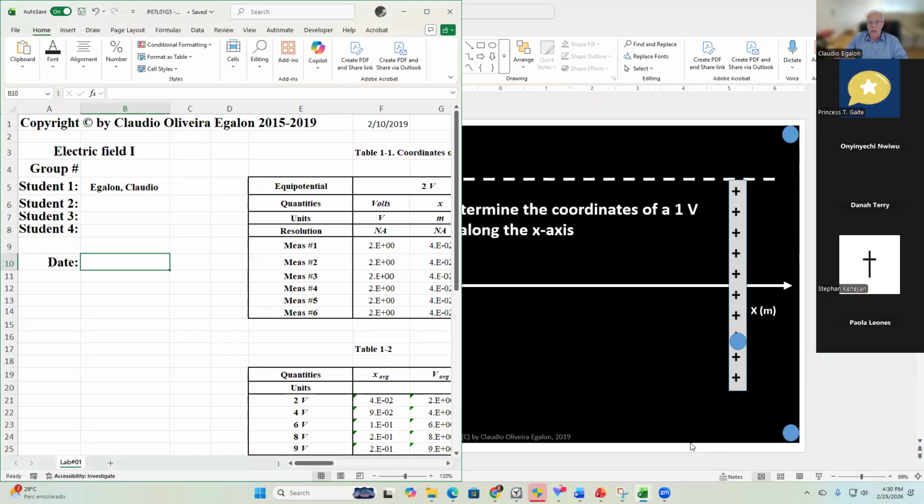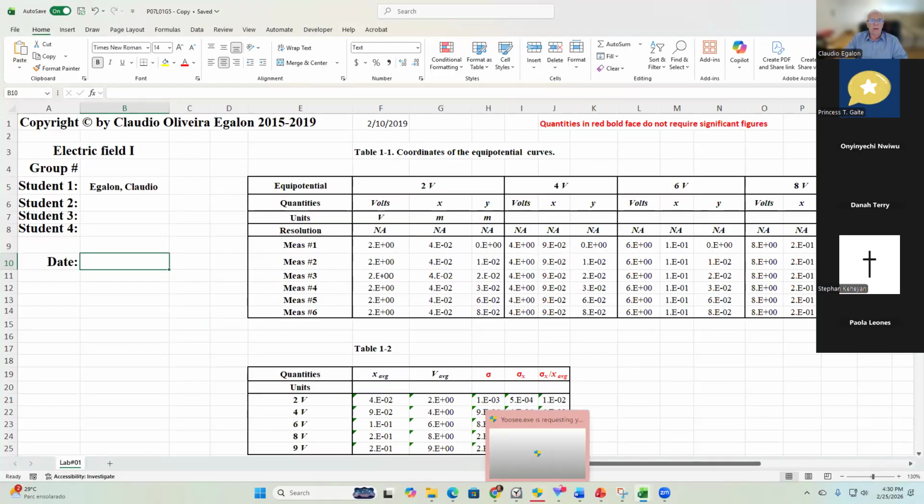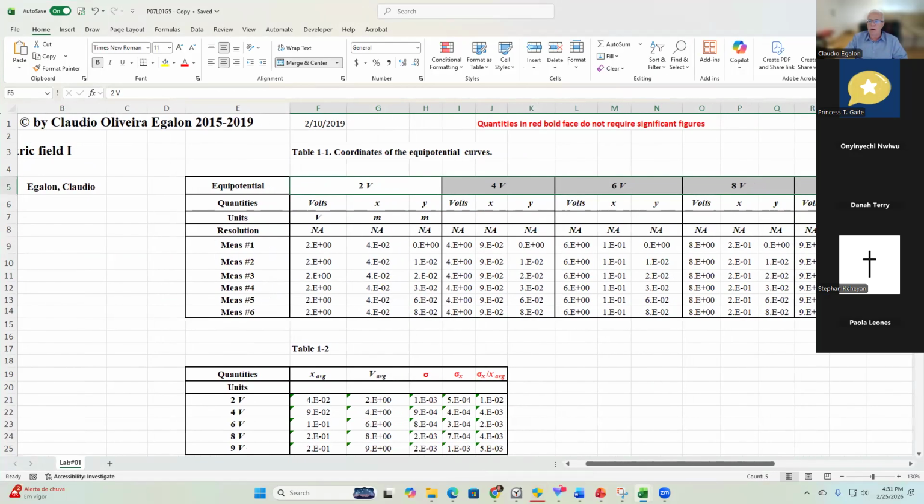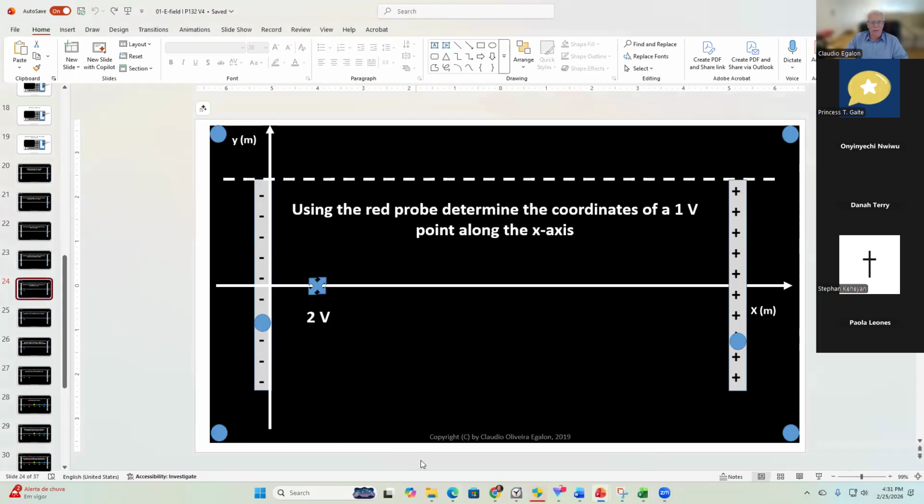Remember the spreadsheet? Here's the spreadsheet. Do you see? I have 2 volts here, 4 volts here, 6 volts here, 8 volts here, 9 volts here. What we are going to do is locate 6 points that measure approximately 2 volts in the sheet, not in the conductive paper, in the resistive paper. I like to call it the resistive paper.